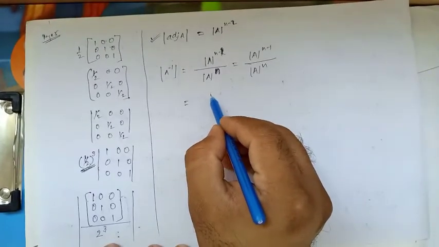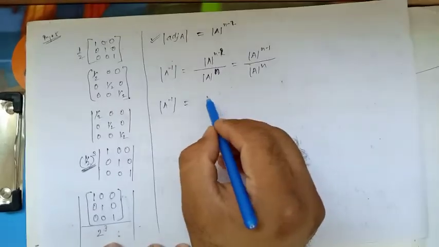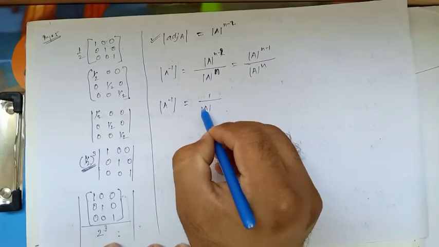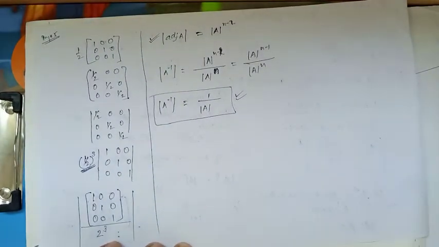So on solving, the determinant of A inverse will give you 1 divided by, this is the result we have seen and we have proved.